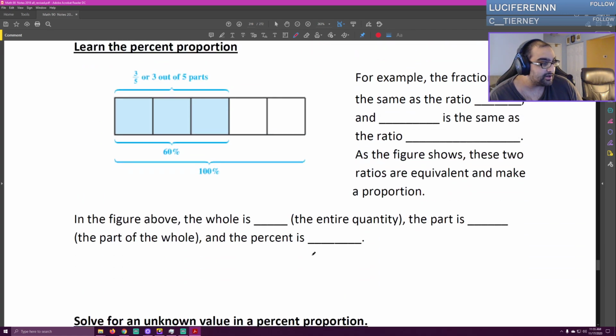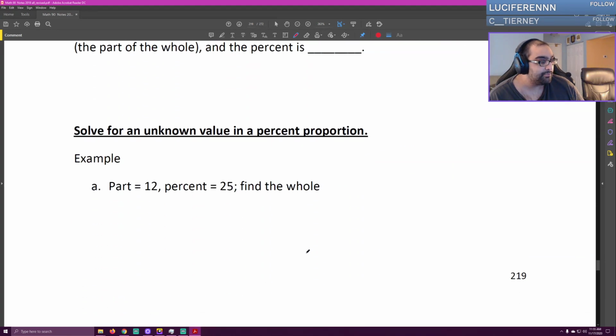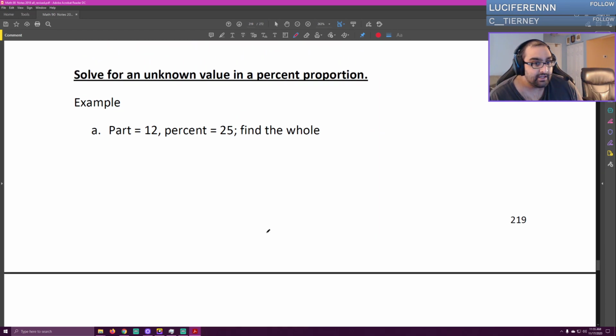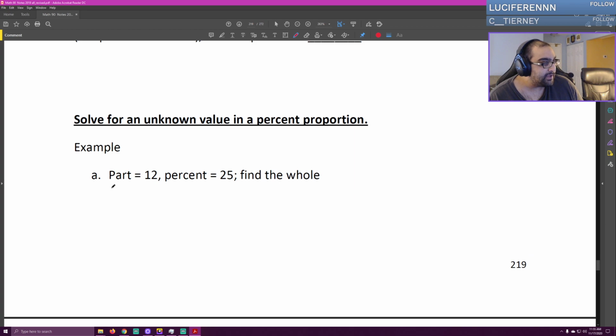Let's go ahead and talk about the next part here, percent proportions and whatnot. We're going to take a look specifically at example A. I want to talk about each part carefully, so you understand where we're plopping in numbers appropriately. So let's take a good look at letter A.